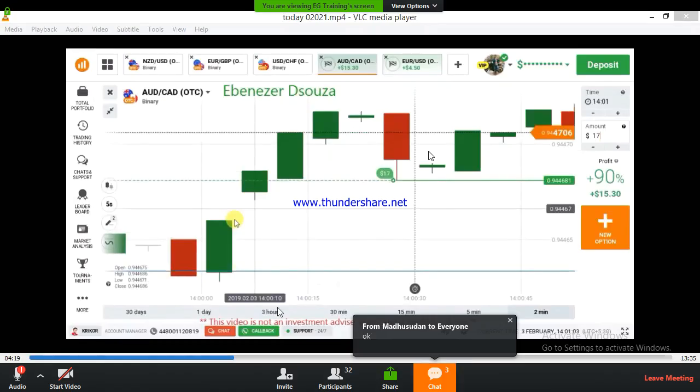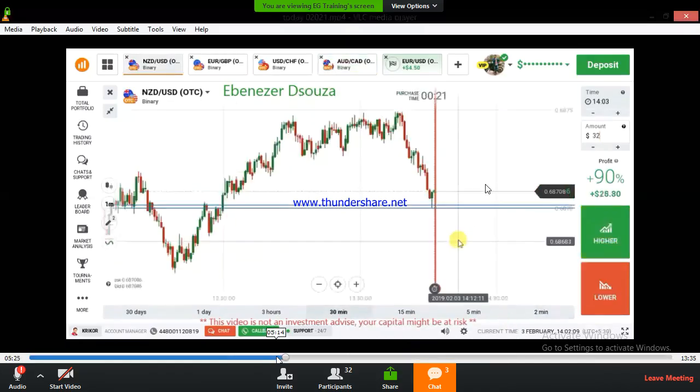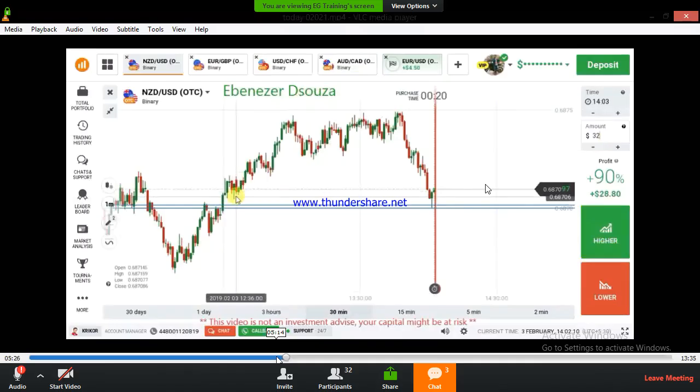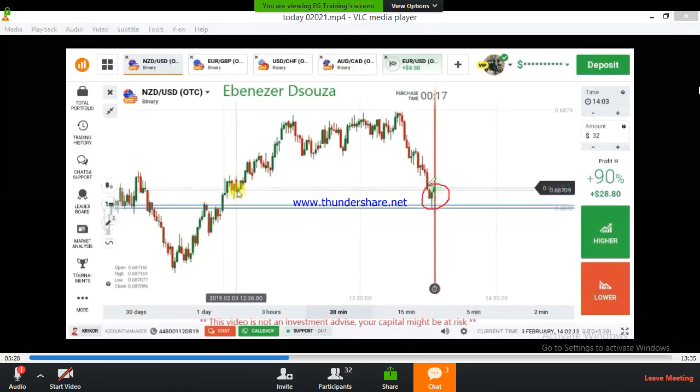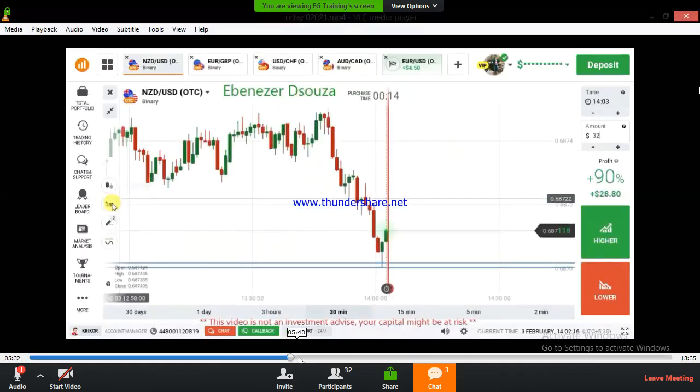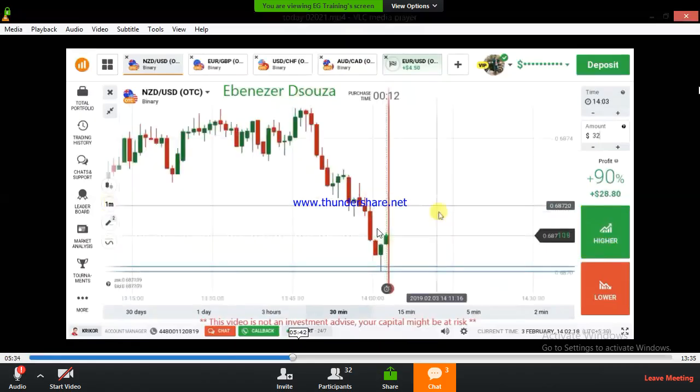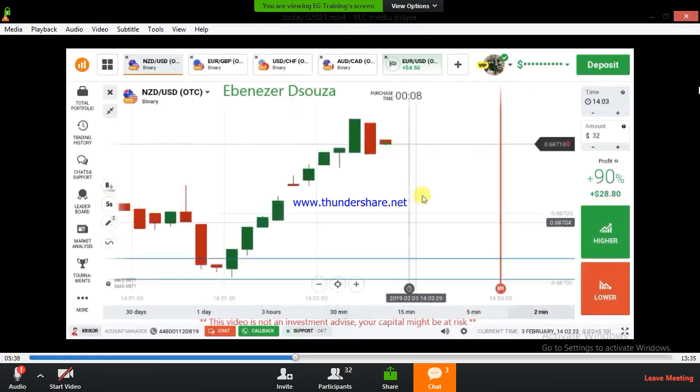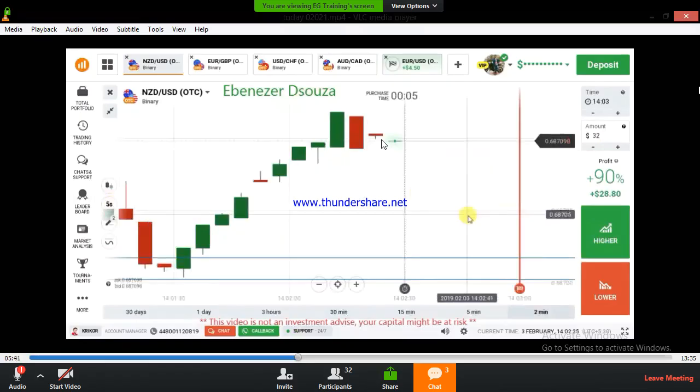So this is a confirmation candle. I placed my trade here, put option, because of not strong level. This is not a reason of strong level, but I placed my trade with confirmation. I will explain this trade in the next session because you can't understand if I explain here.